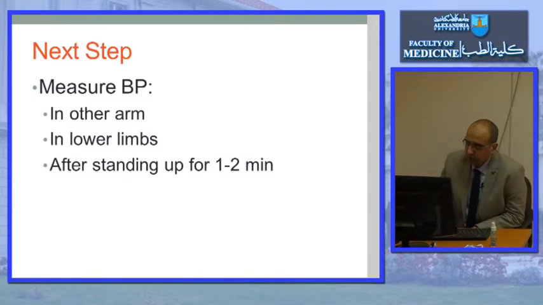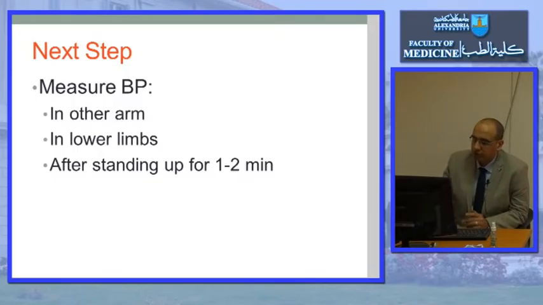Next step during blood pressure measurement: do I finish? No. After measurement in one arm, I should measure the blood pressure in the other arm. I should measure the blood pressure in the lower limbs, and I should measure the blood pressure after letting the patient stand for 1 to 2 minutes. This is very important. Sometimes in the exam, the time for auscultation is too short for you to do that.